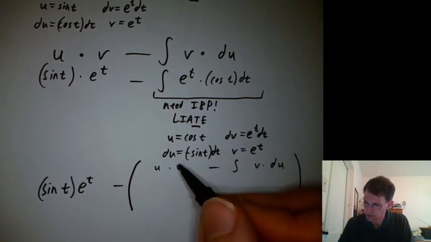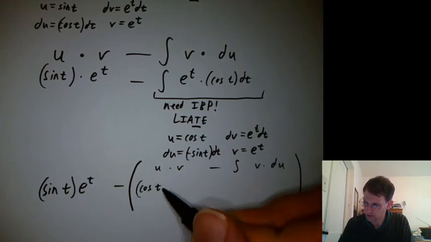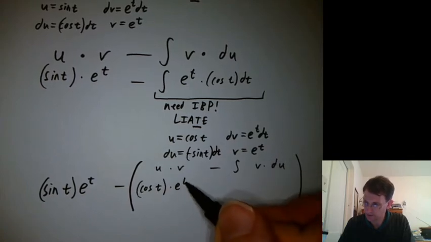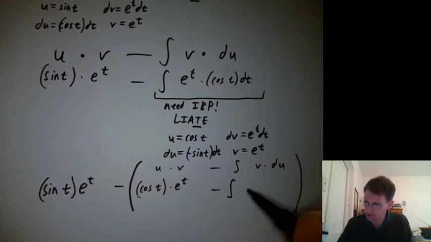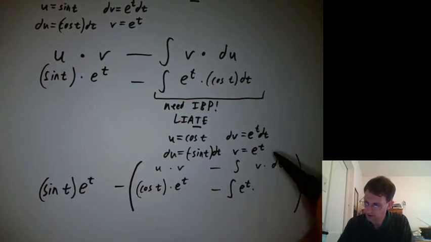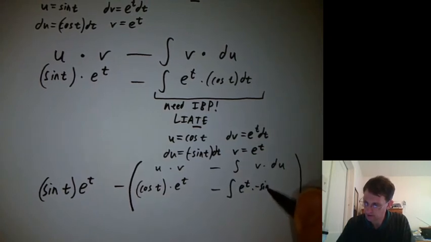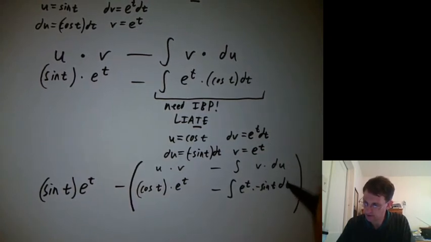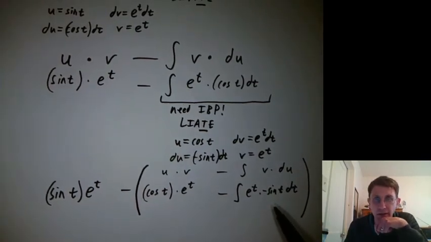So what is u? Cosine t. v is e to the t, minus the integral, v is e to the t, and du is minus sine t dt. That's looking like we're going to need integration by parts.